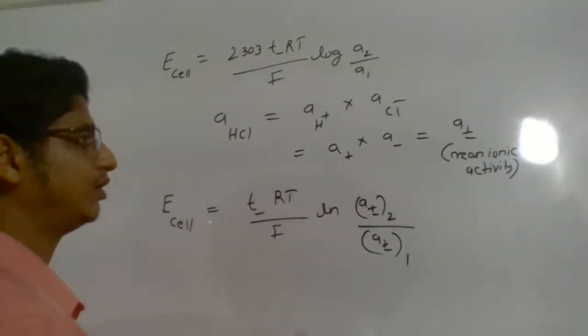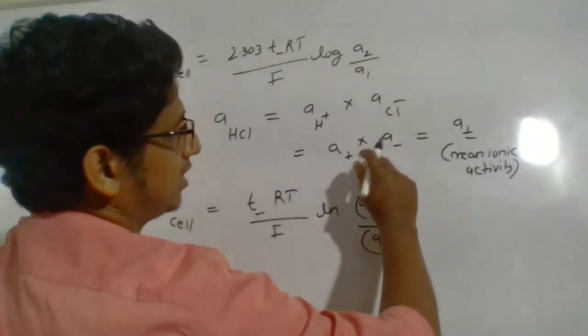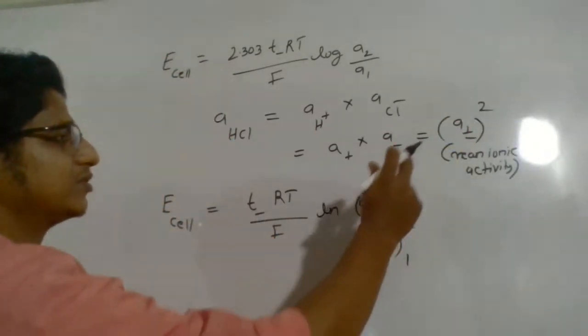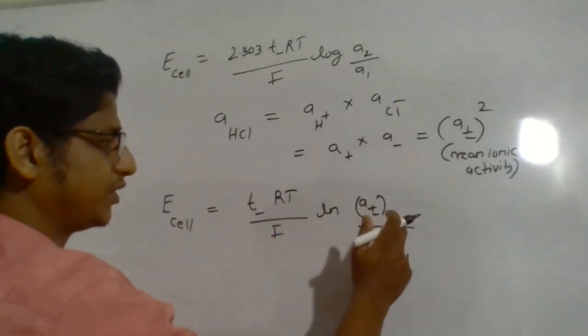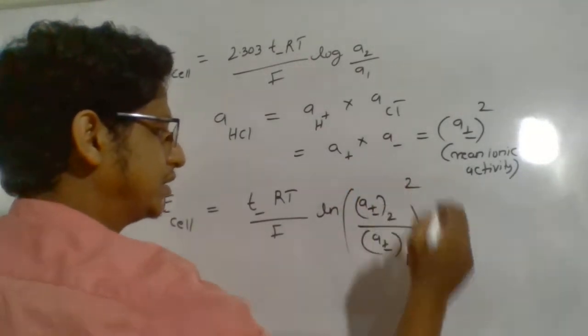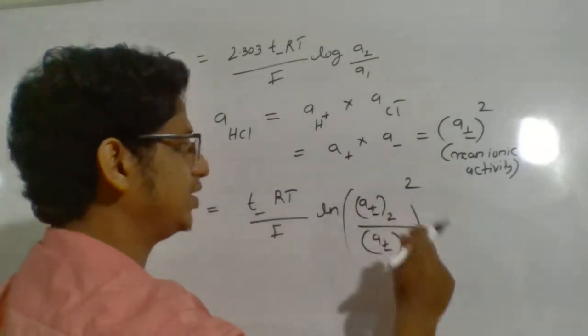Here one more point: a plus into a minus is equal to a plus or minus square. Which means if you express the ratio, it will be a plus or minus 2 divided by a plus or minus 1 the whole square.